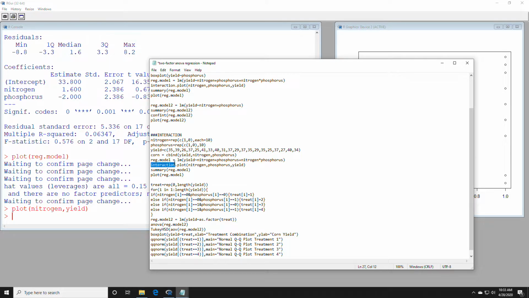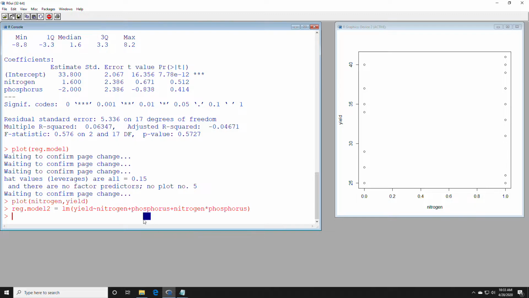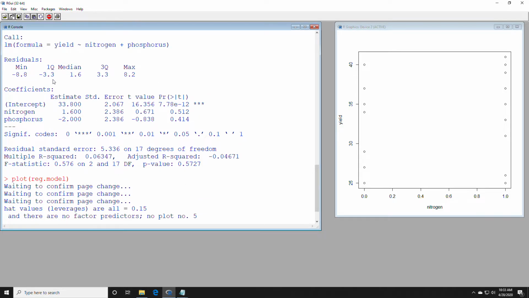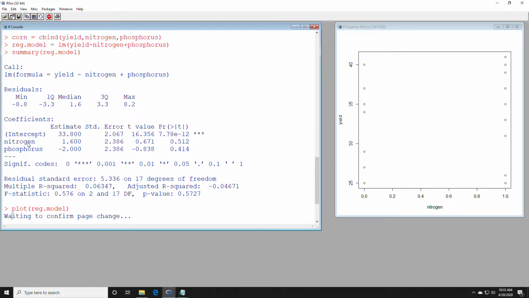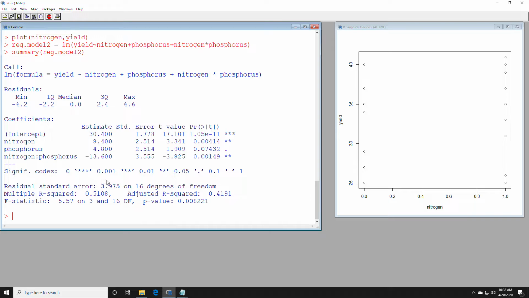So now I'm going to fit the model. I'll call it reg.model2, but now I'm going to put in the interaction term. Recall what we got when we fit no interaction term: basically useless, it accounted for almost none of the variability. Now let's see what happens when we include an interaction term.